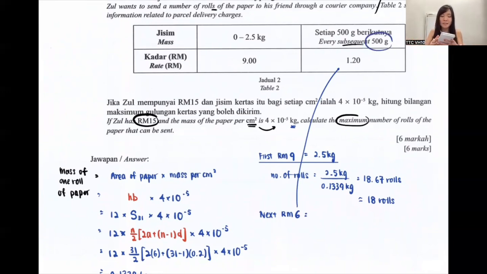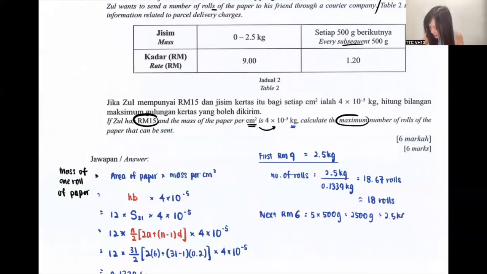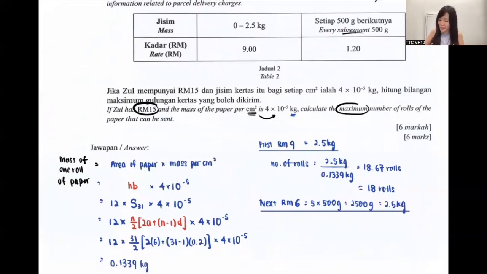So 5 times 500 gram means 6 ringgit is equivalent to 2,500 gram, which is 2.5 kg. Another 2.5 kg, my dear.